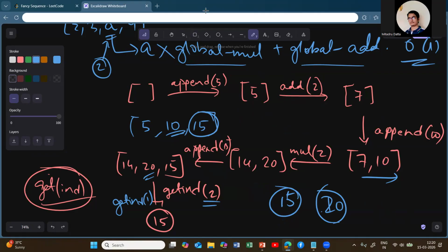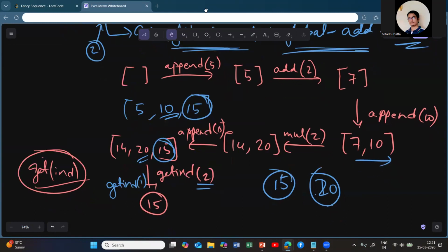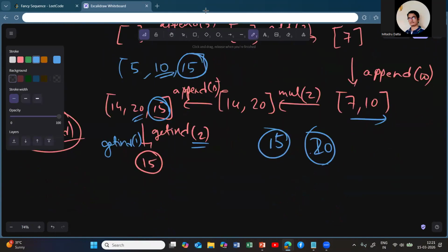Now, the thing is that I will have a global multiplier and global adder. Now I will do it with all the elements. Okay, blindly I will do it with all the elements. But there's a catch over here. Whenever this append will be called, instead of storing a 15, I will store, can I store something else?